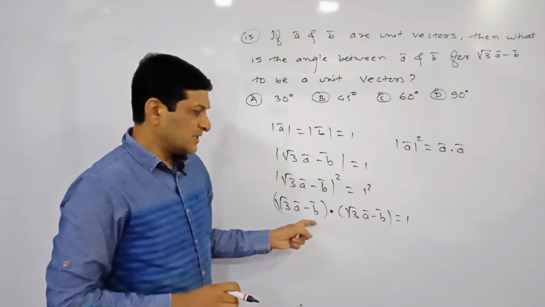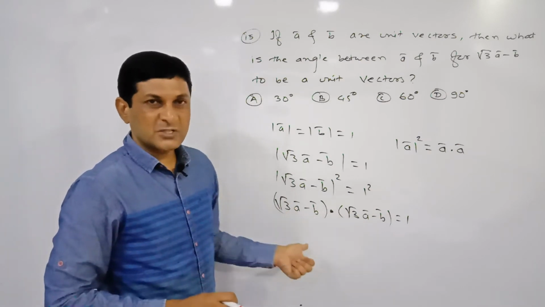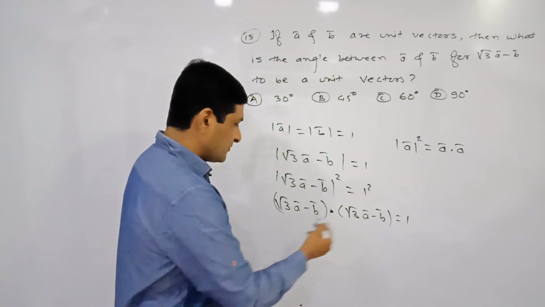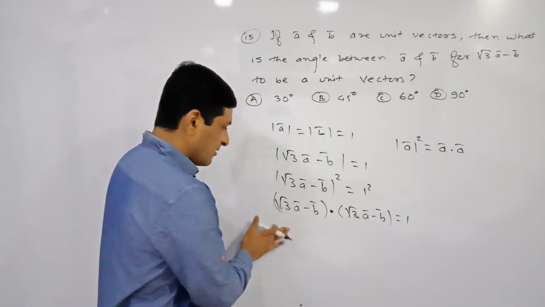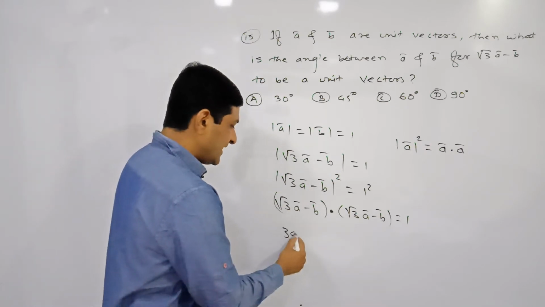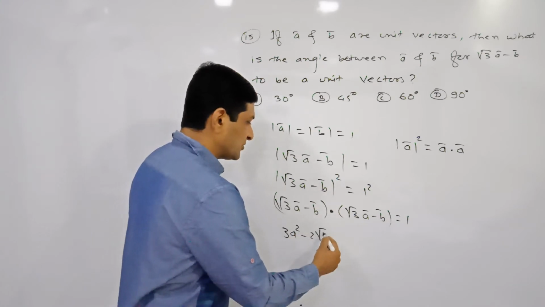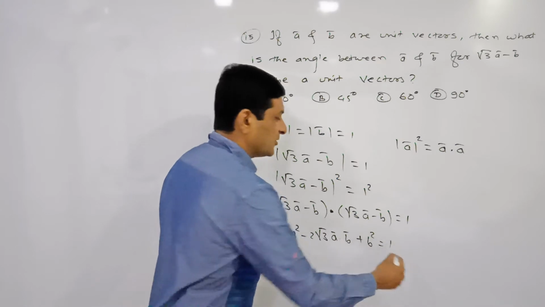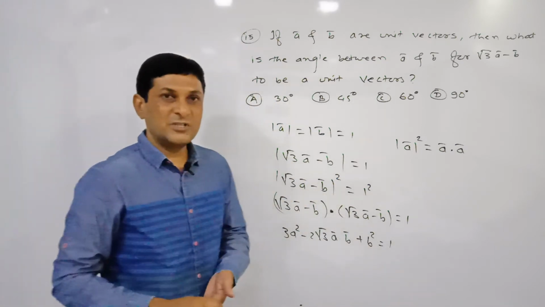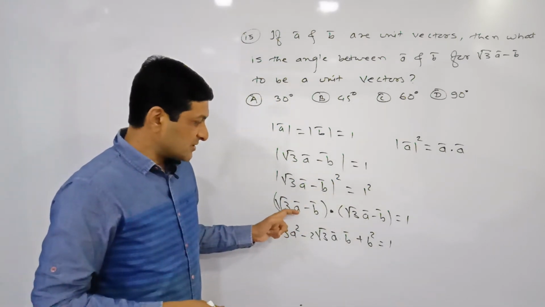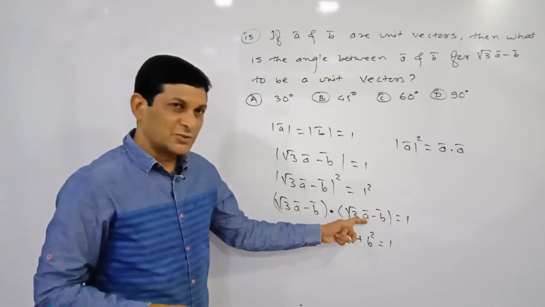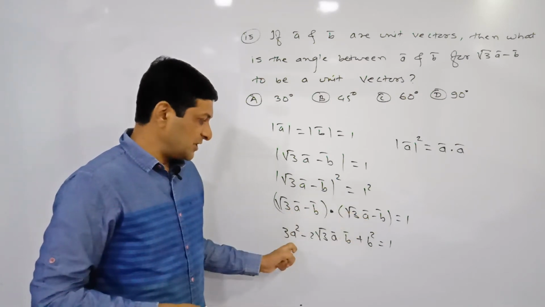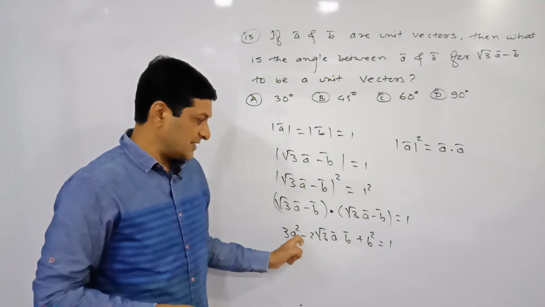Now already we have seen the expansion of such types of terms. Here we will get 3A square minus 2 root 3 A bar dot B bar plus B square is equal to 1. If we take the dot product of these two brackets, the first term, root 3 A bar dot root 3 A bar, will be root 3 into root 3, 3, and A bar dot A bar will be A square.